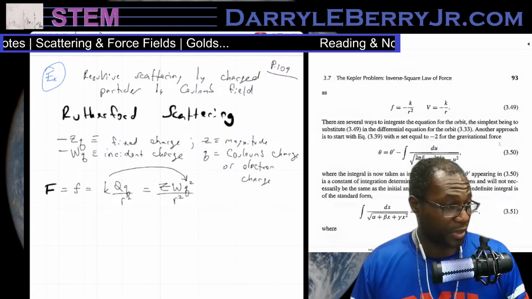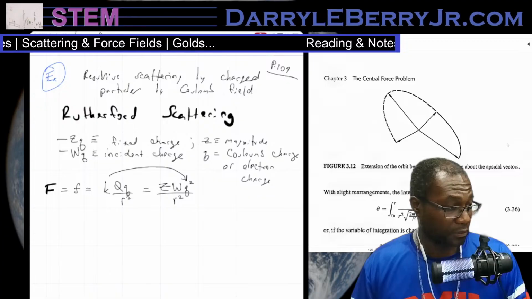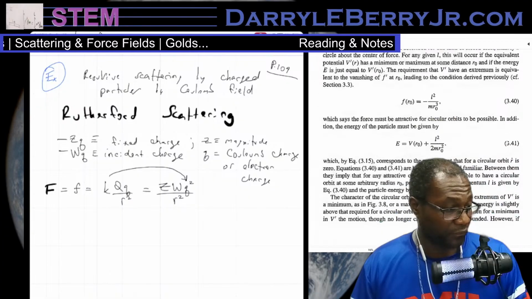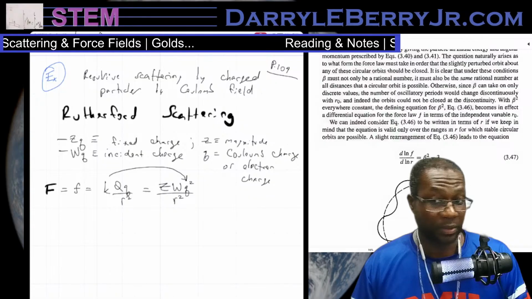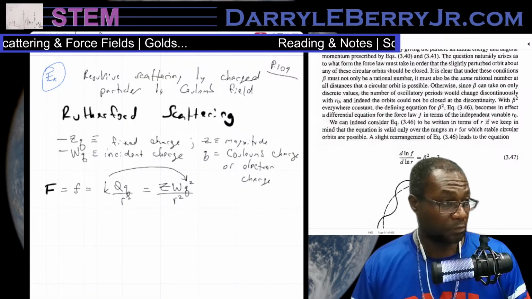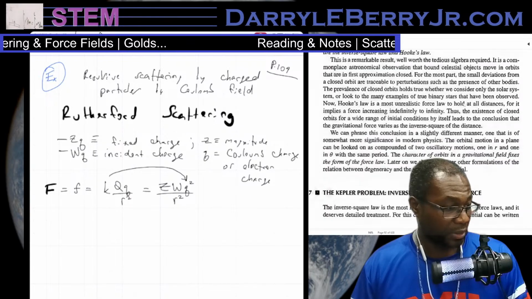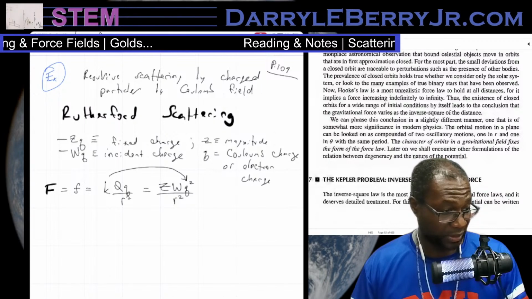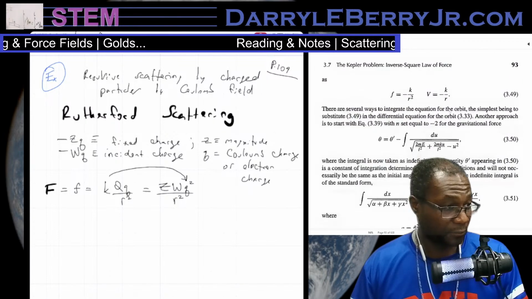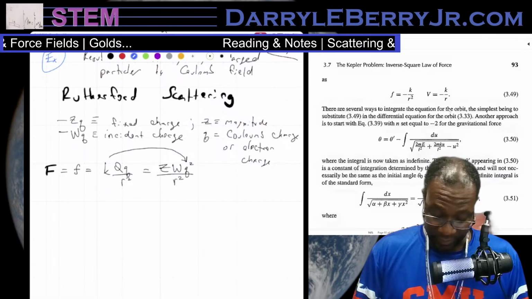So then we can look at the results in section 3.7. And in that section, we have a K. So this is what I believe they're referring to. Right, so we're dealing with inverse square law of force, right? So this is why we use 3.7, because the R squared is in the denominator. And let me just make a side note of this.